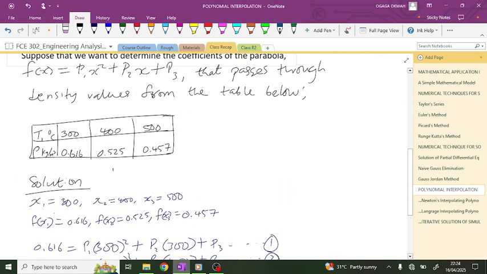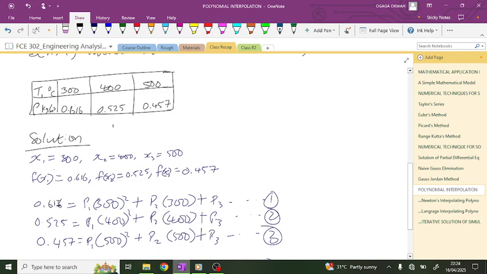So one of them, f of x1, will be 0.612. Then p1 times 300 squared, p2 times just 300, p3 with no x value.